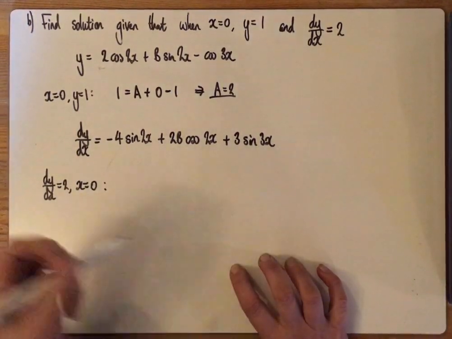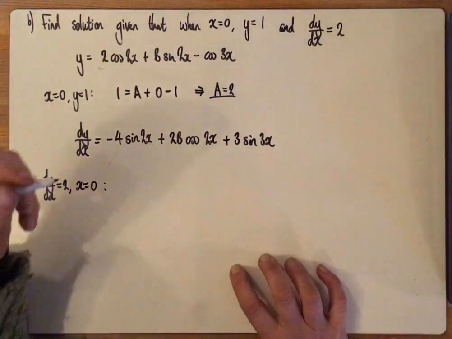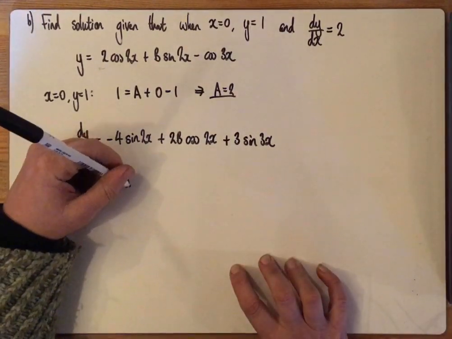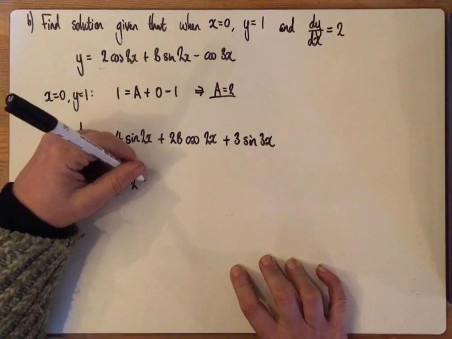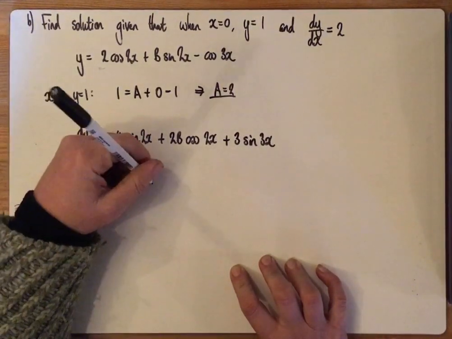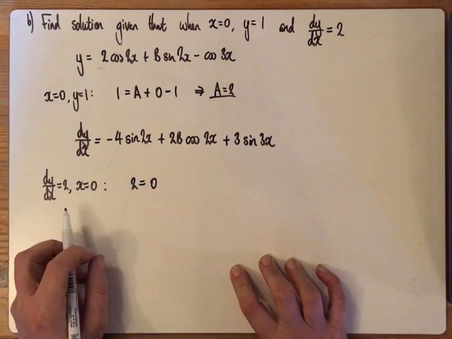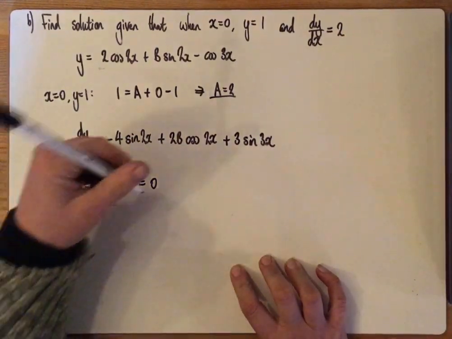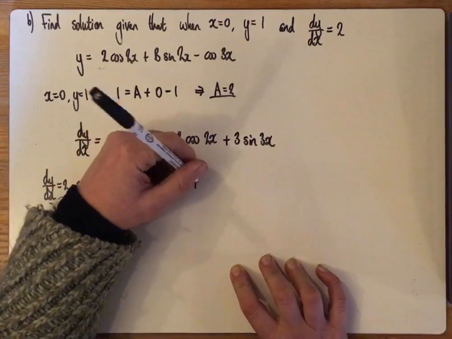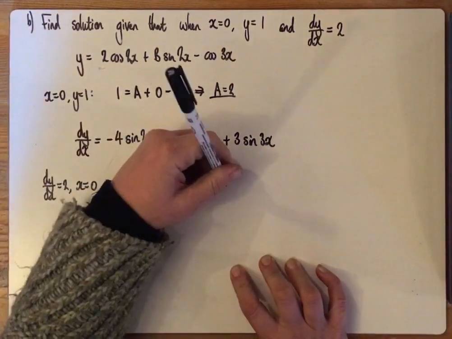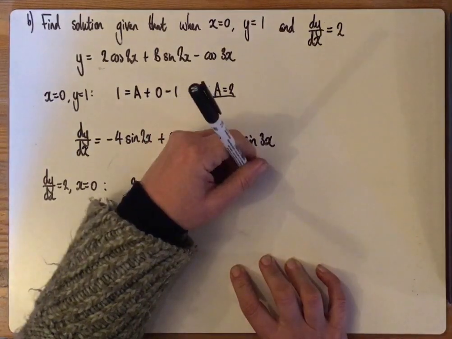You could collect all this together, but I'm being slightly lazy. So 2, sorry. Sine of 0 is 0, so that's just going to 0. Cos of 0 is 1, so it's plus 2b plus 0. So it follows that b is equal to 1.